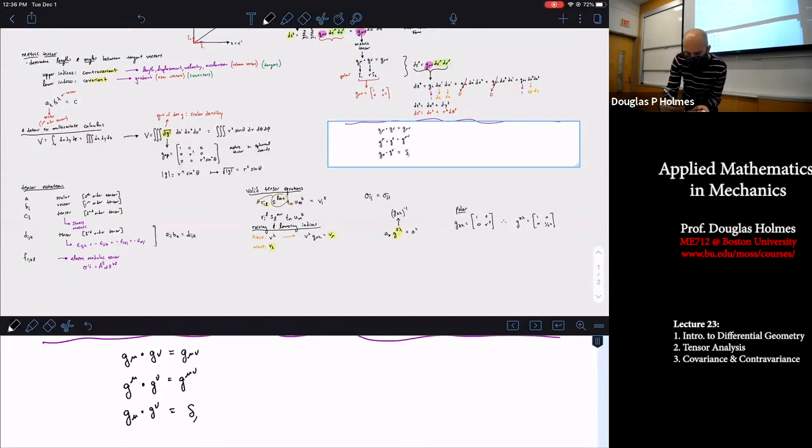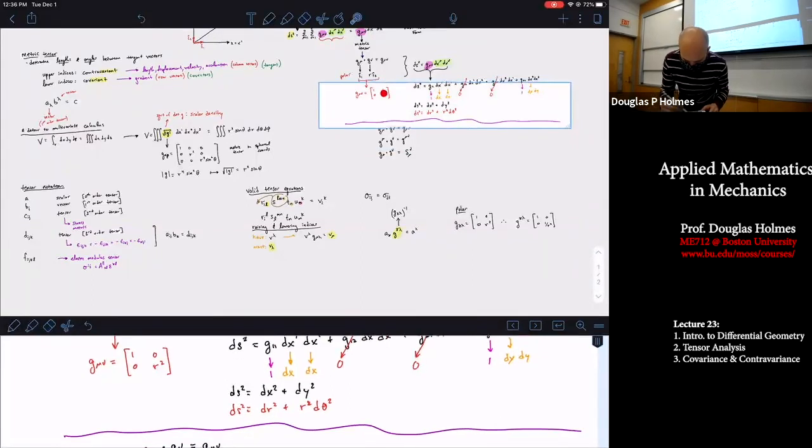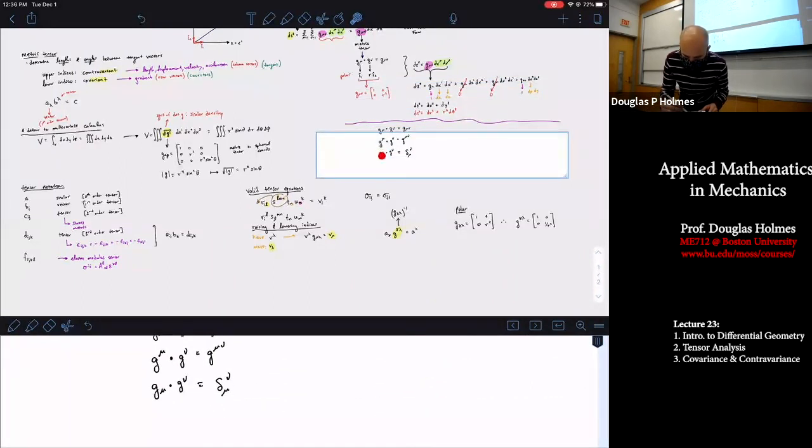And why would you think that? It's like saying, for the first component, let's look at just the r squared part of it. I need r squared, and I need to dot that into 1 over r squared. And so that component becomes 1.